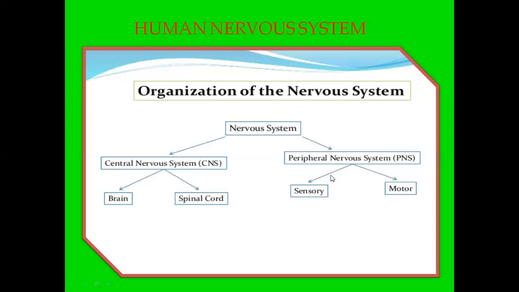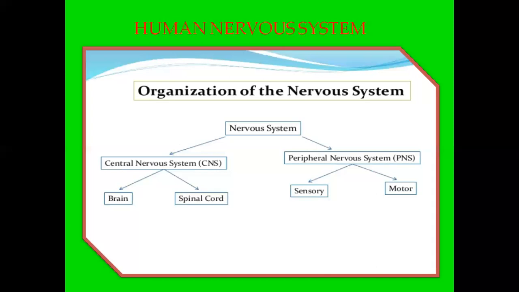Okay. The peripheral nervous system includes two types of nervous system: the somatic nervous system and the autonomic nervous system. The somatic nervous system again includes two types of nerves: cranial nerves and spinal nerves. And the autonomic nervous system includes sensory and motor neurons.